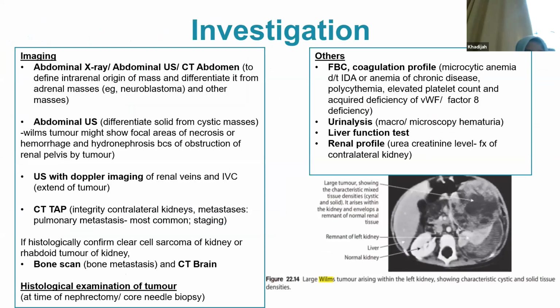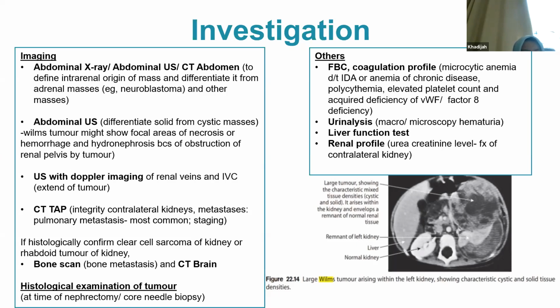For us to diagnose Wilms tumor, we have to do investigations like imaging, for example abdominal X-ray, ultrasound, or CT abdomen, to really define the origin of the mass. Is it really a renal or adrenal mass? Because an adrenal mass could be neuroblastoma, or is it the origin of other masses?